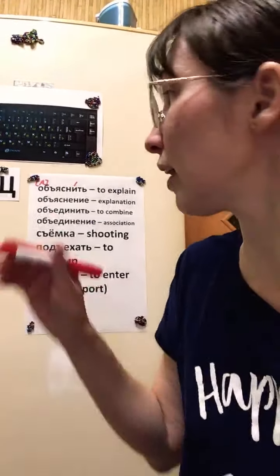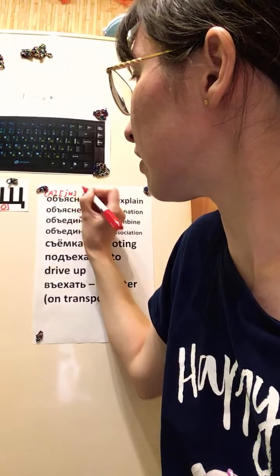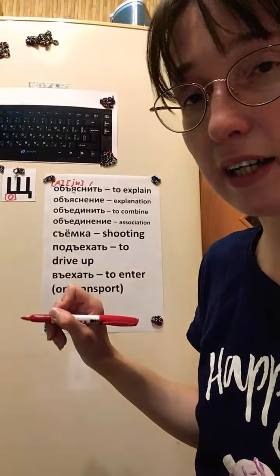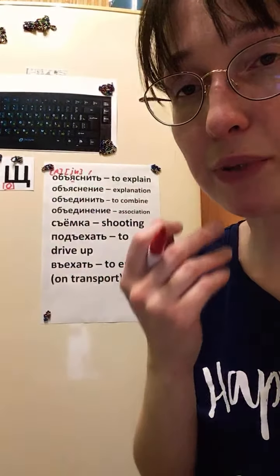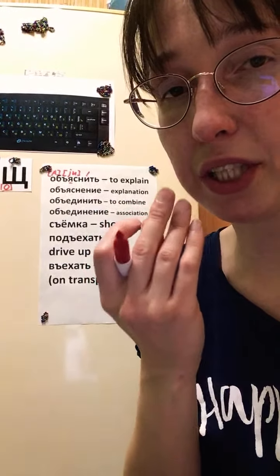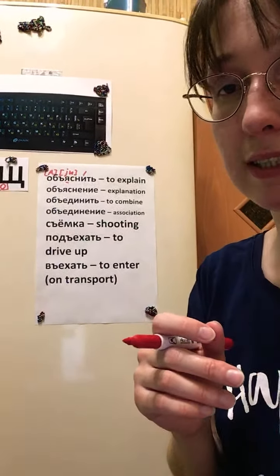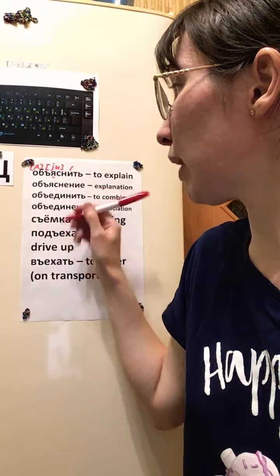I don't pronounce it like ya. I pronounce it like a yi sound. Ya is pronounced like yi. Объяснить. And then we make a noun from to explain.